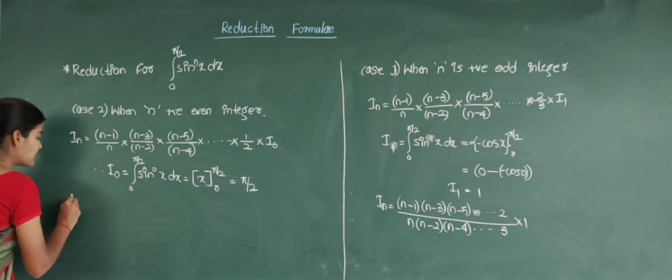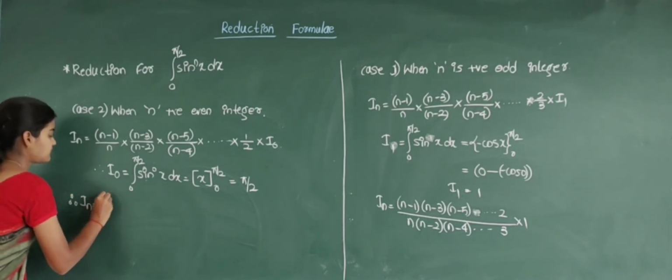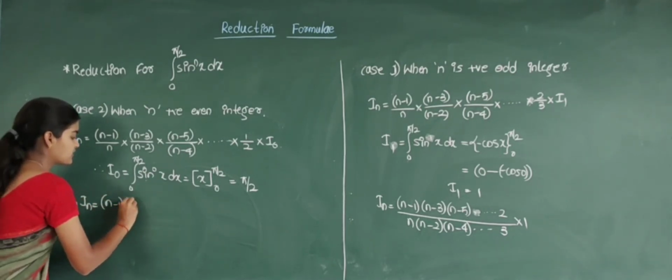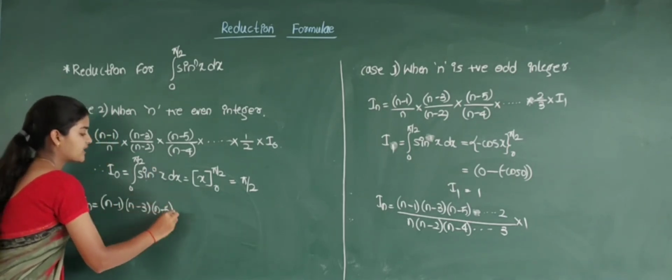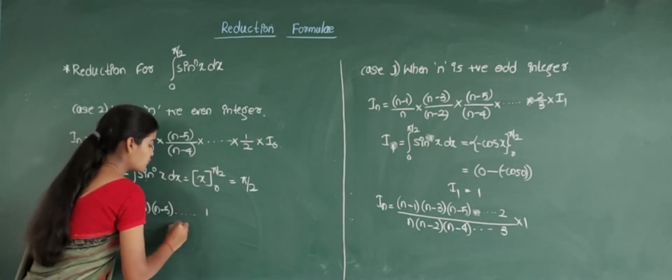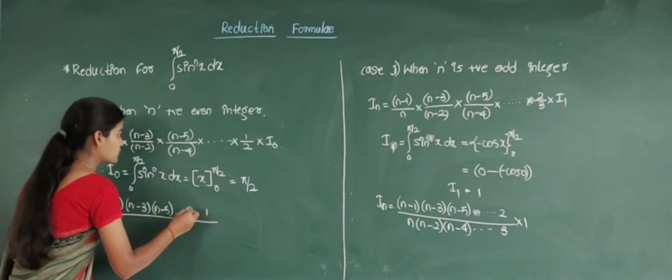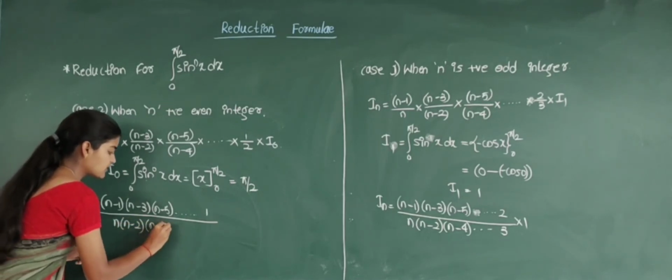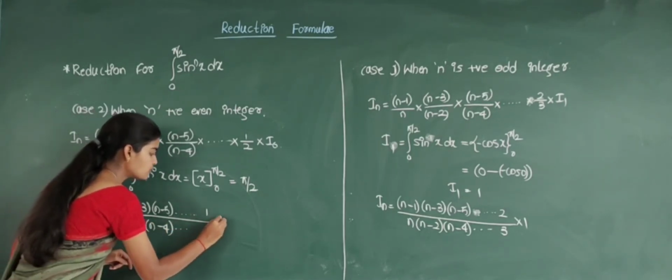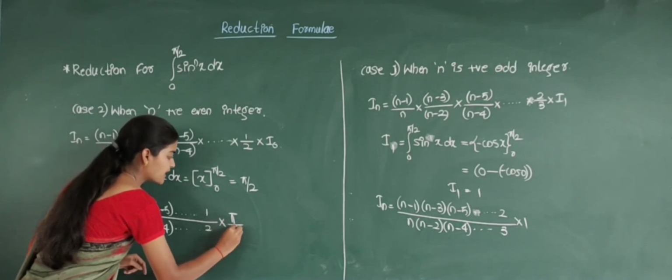Therefore we will get In is equal to n minus 1 into n minus 3 into n minus 5, and that multiplication runs up to 1, then divided by n into n minus 2, n minus 4, and so on up to 2, and I naught value is pi by 2.